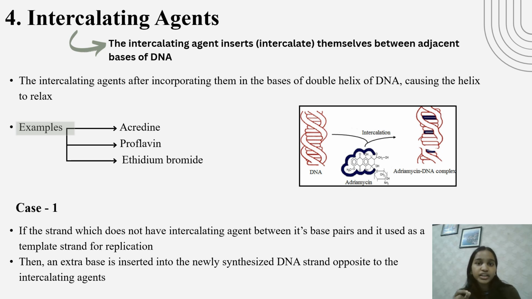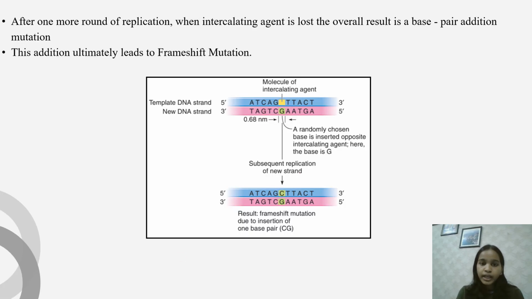Because the intercalating agent forms an empty space in the strand, and hence during the replication process the DNA polymerase will randomly choose any nitrogenous bases and add it here. But during the second round, this strand, which does not have intercalating agent, will now add subsequent nitrogenous bases.